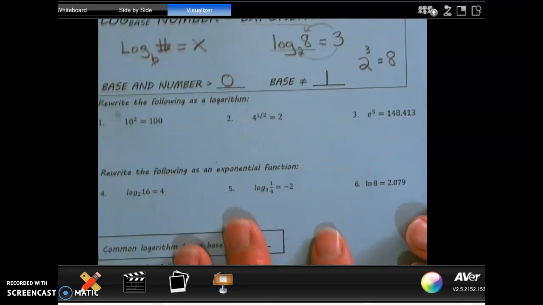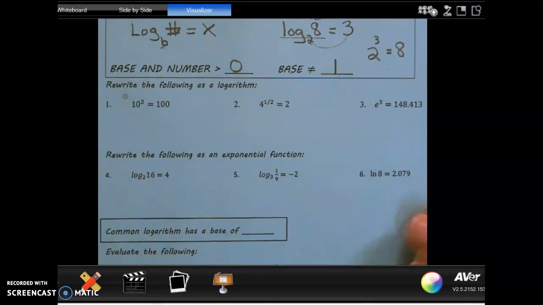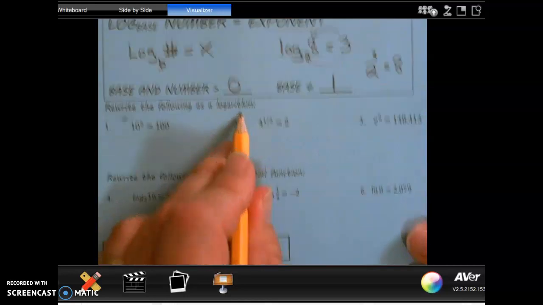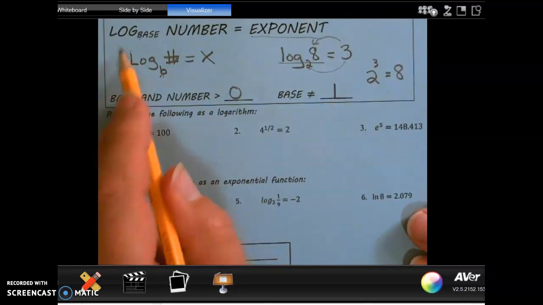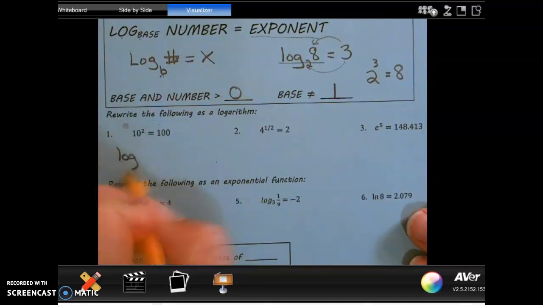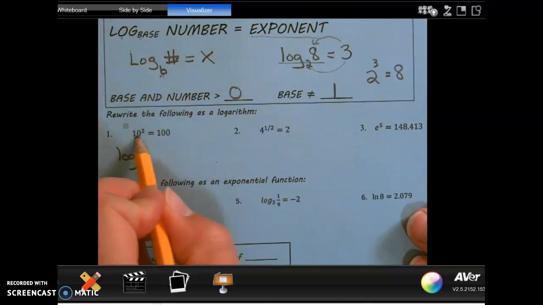All right, let's walk through some examples, and then we'll be done, and you can start working on your practice problems. It says rewrite the following as logarithms. Okay, so we're in exponential form, so we're going to write it as a log. So we write log, then the base, which in this case is 10.